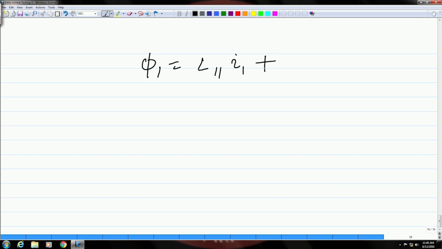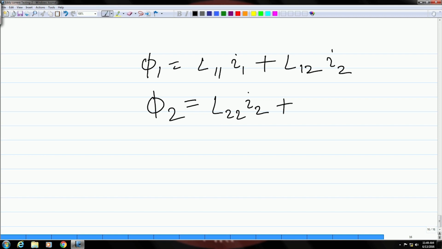So, that will be L12 I2. Okay. Similarly, in the second conductor, the magnetic flux phi 2 will be due to the current flowing into it, L22 I2, plus the inductance which is coming from conductor 1, which is L21 I1. Okay.